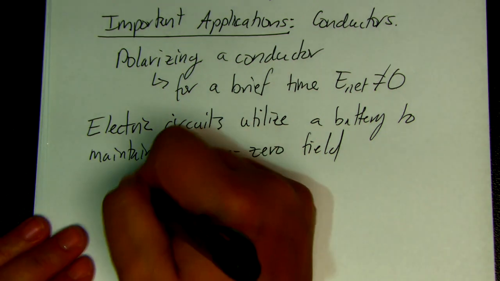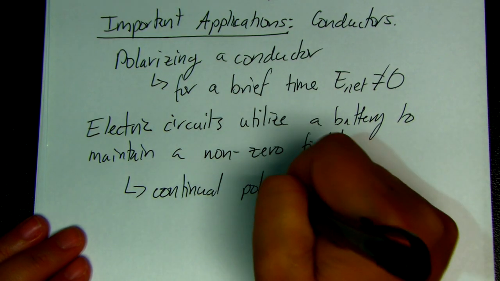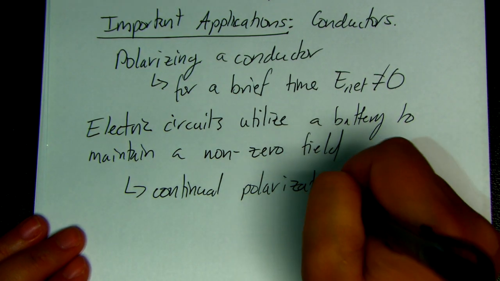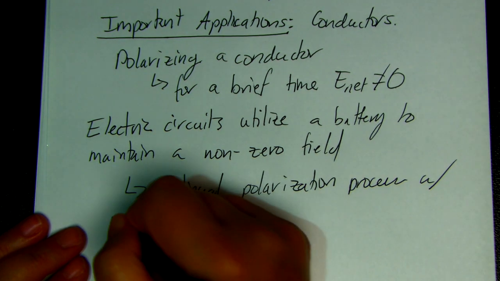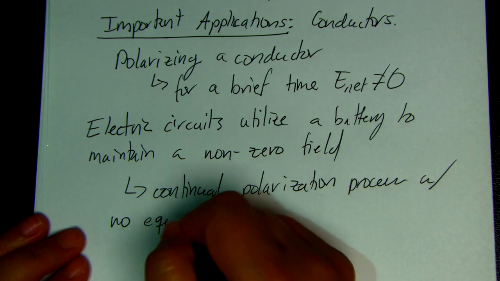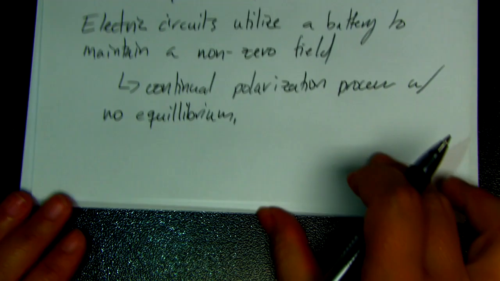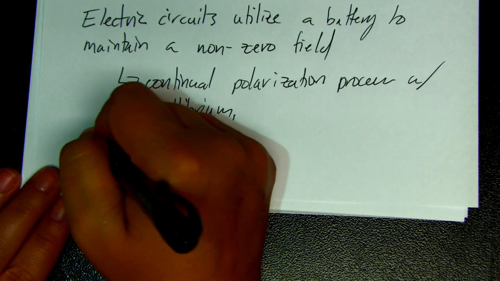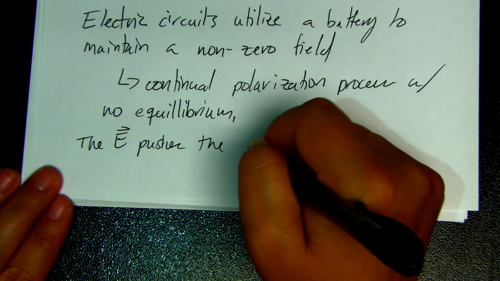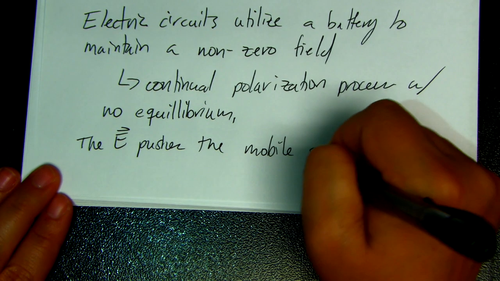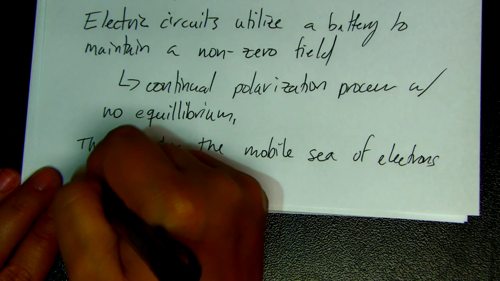So basically you've got a continual polarization process with no equilibrium. And so the electric field pushes the mobile sea of electrons through the wire.